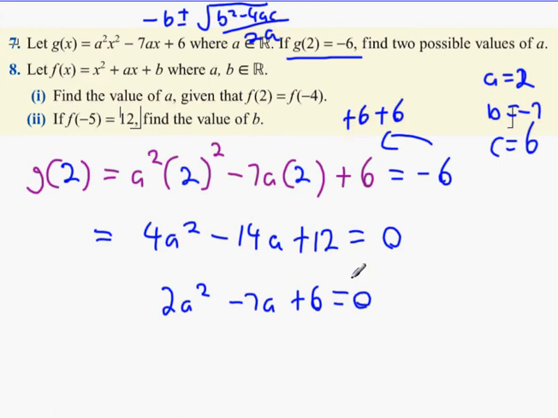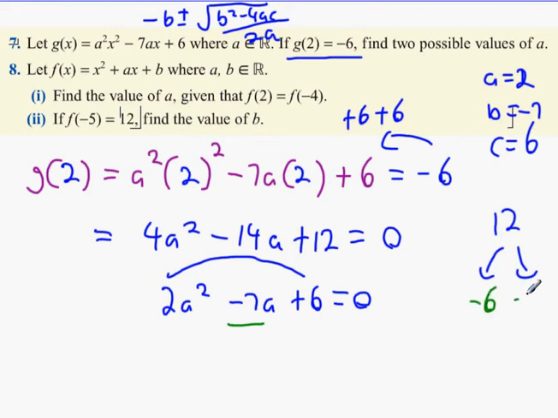The other way is what I taught you, called the reference number. How do you get the reference number? Does anybody remember? Multiply 2 by 6 and you get 12. Now Mick, what do you have to do with the reference number of 12? Do you remember? Yeah, make up two numbers that will multiply to give you 12, but when you add them they'll give you minus 7.